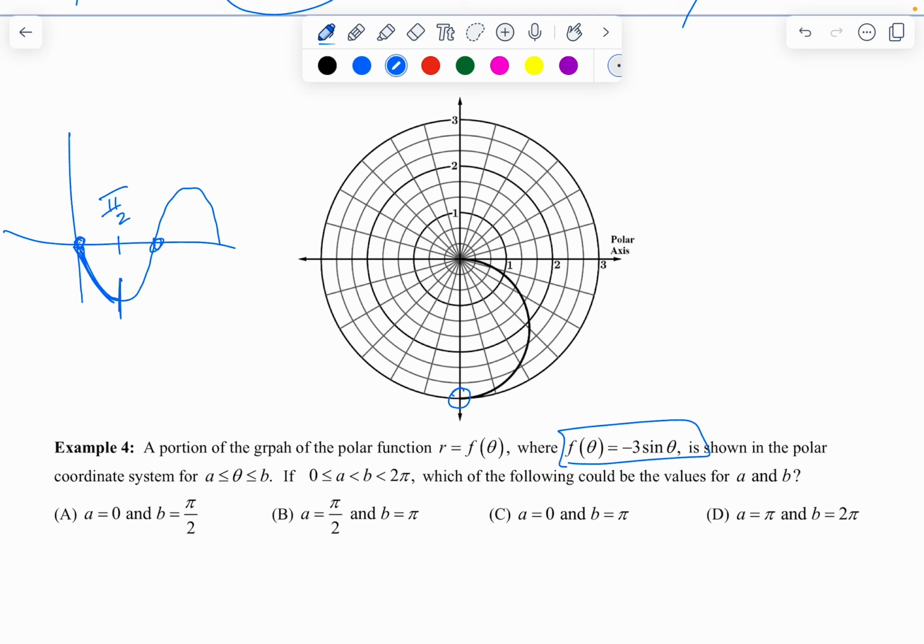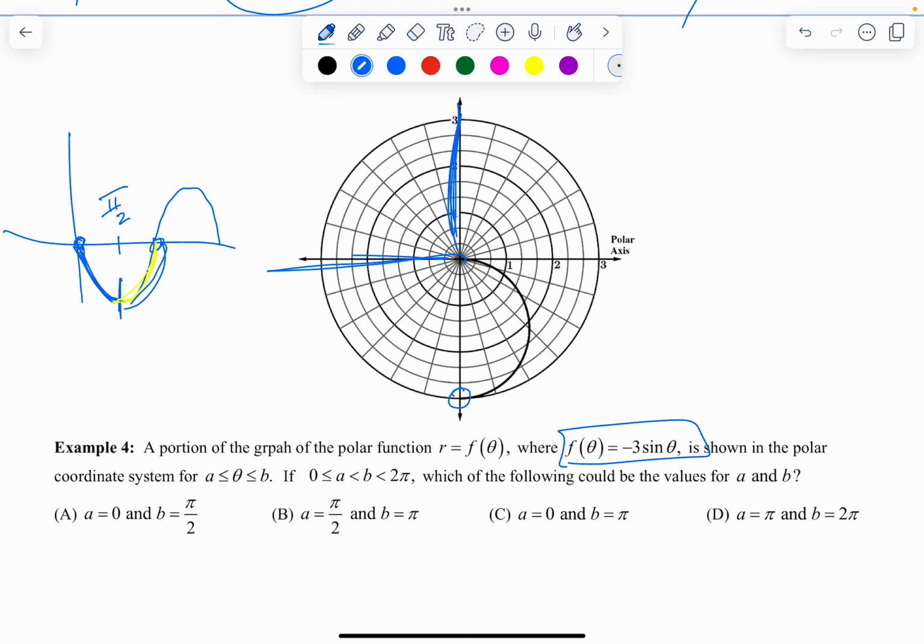And this piece of the curve is not going from 0 to pi over 2. Now from pi over 2 back to pi, this little piece right here, all these values are negative, but they're getting less negative, approaching 0 again.